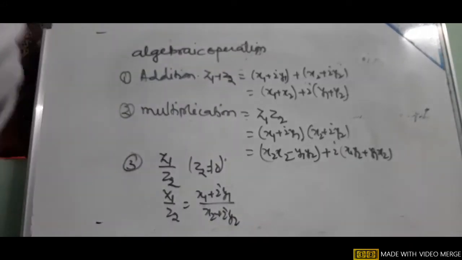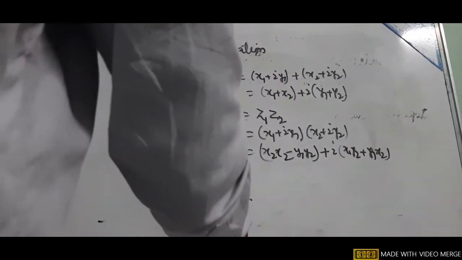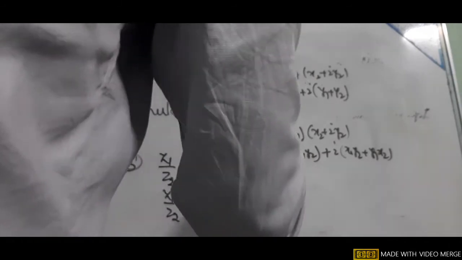If you divide it, you multiply numerator and denominator by x2 minus iy2. So this becomes x1 plus iy1 divided by x2 plus iy2, multiplied in numerator and denominator by x2 minus iy2.